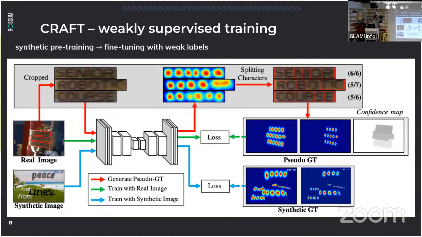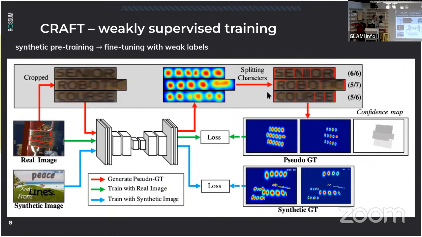Here we can see that even though the text is a little bit in perspective, with the bootstrap model they can find the rectangles, then warp them into a straight rectangle, and they have these region scores, and they can do watershed segmentation to split those characters, get bounding boxes, and using the bounding boxes they can render those Gaussians.